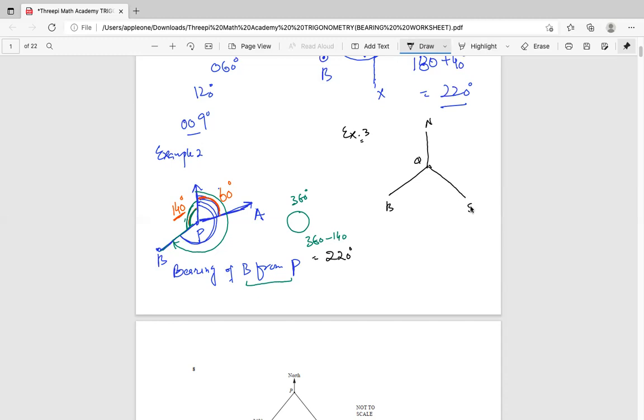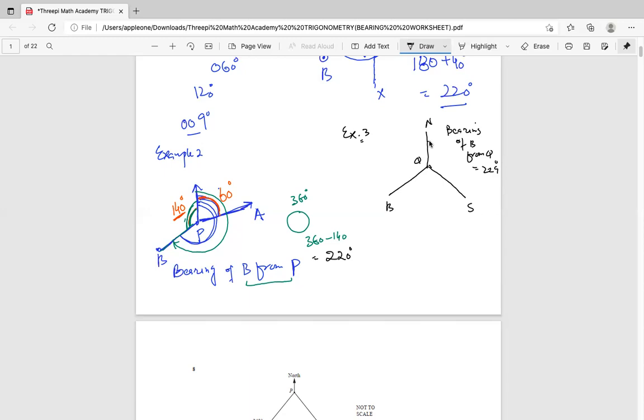This point is S. Now let's say they say the bearing of B from Q is given to us. That is, let's say, 229 degrees.